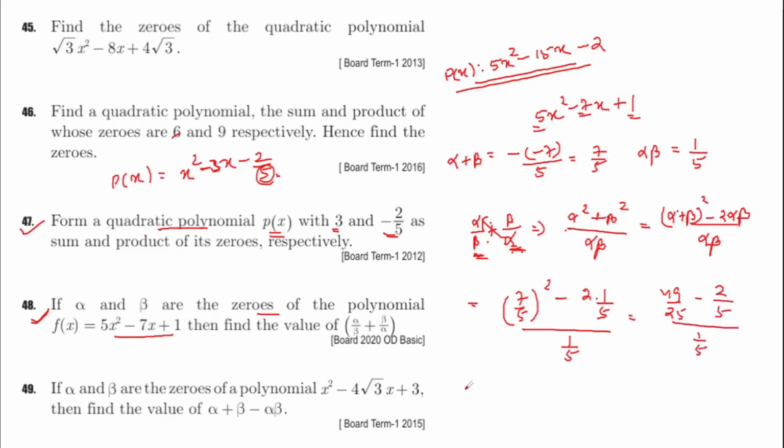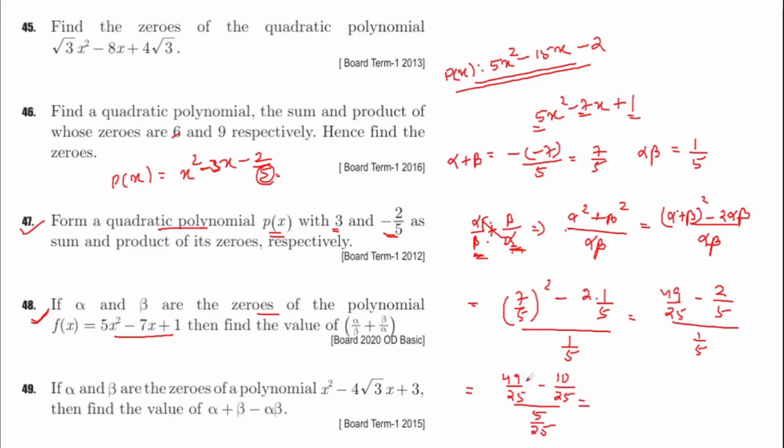Now let's equate all the denominators. Let's make the denominator 25. This will be 49 by 25 minus, if I multiply 5 on the numerator and denominator, it will be 10 by 25, and this will be 5 by 25.